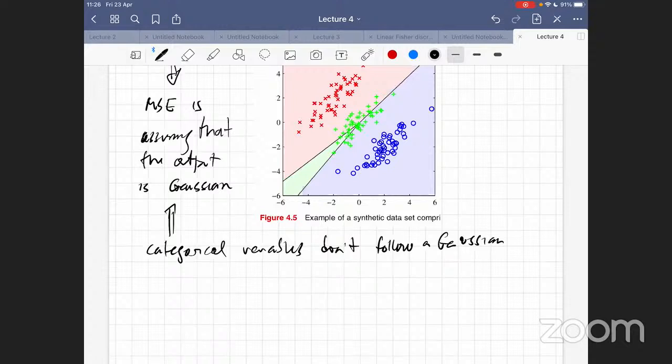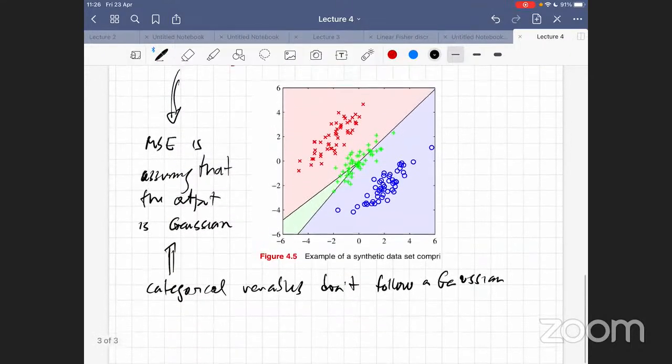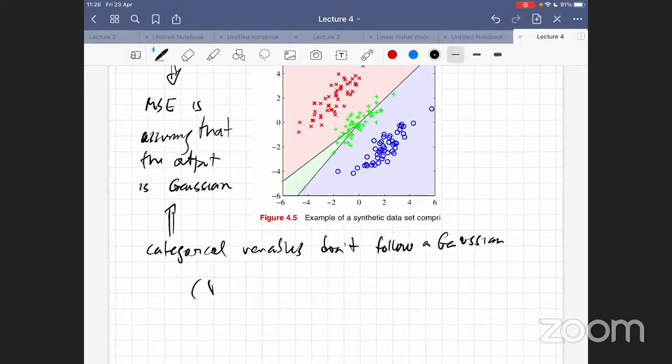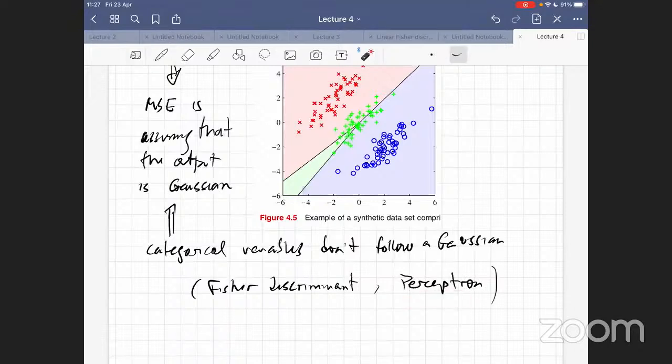So there are better models of the first family here, like, for example, the Fisher linear discriminant, or the perceptron, and we will cover this in the next theory lecture, probably on Tuesday, because it is a special model linked to neural nets.